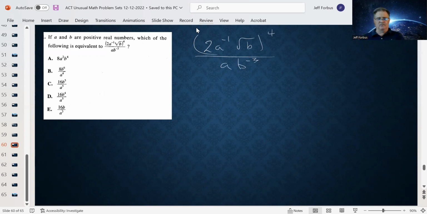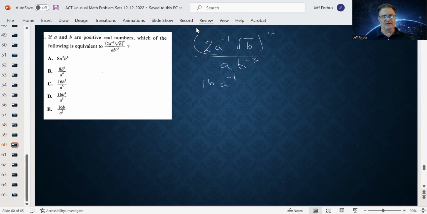Now remember, we got to move these exponents around. But before we do, we need to get rid of the parentheses. So 2 to the 4th power is 16. And a to the -1 raised to the 4th power is a to the -4. Now the square root of b raised to the 4th power.